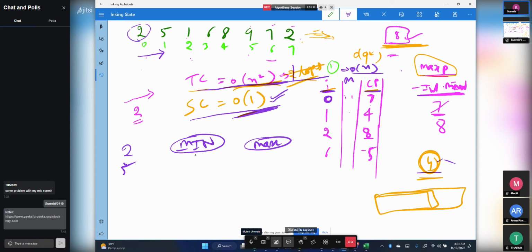We will start with i equal to 0, and the minimum at the ith location. Let's assume 2 is the minimum. Basically we will initialize the minimum with the first value, and the current profit is minus maximum integer, basically Integer.MIN_VALUE.